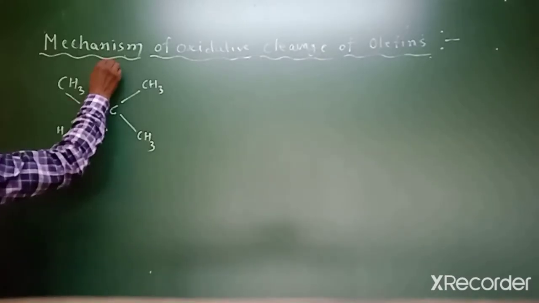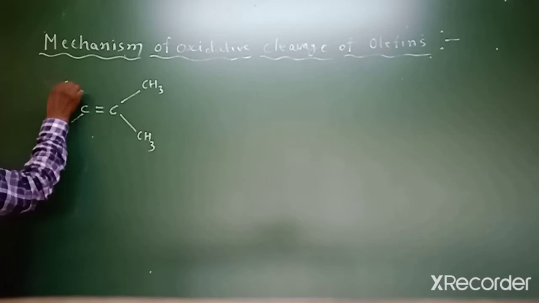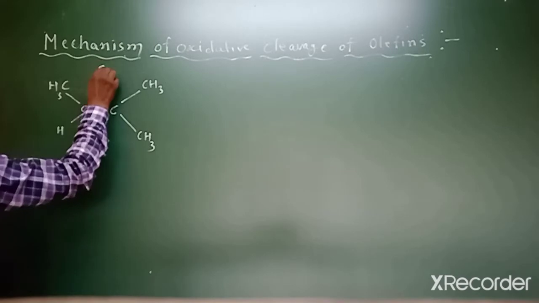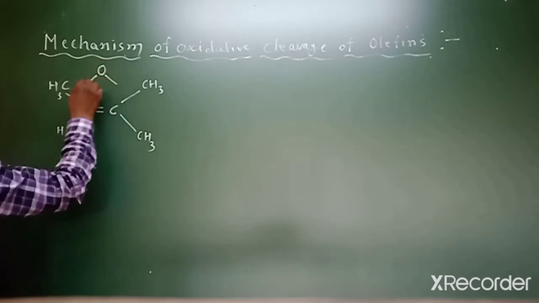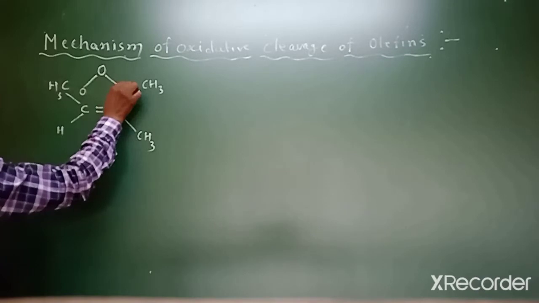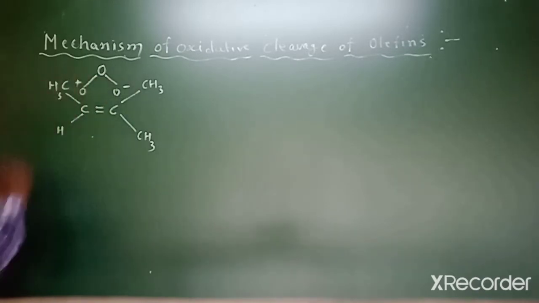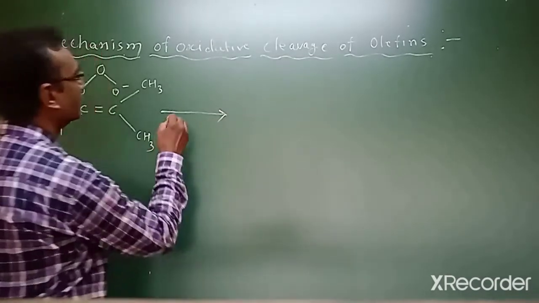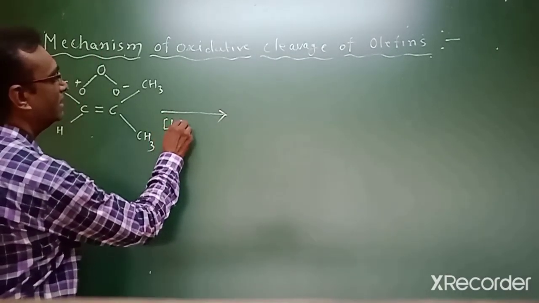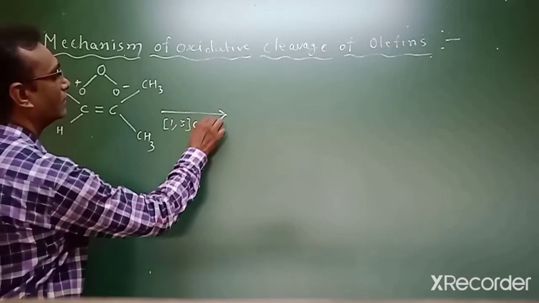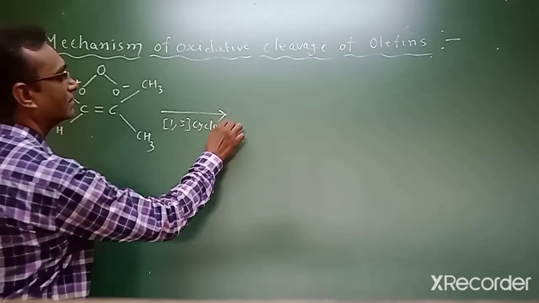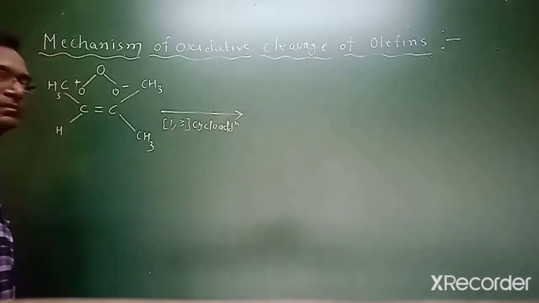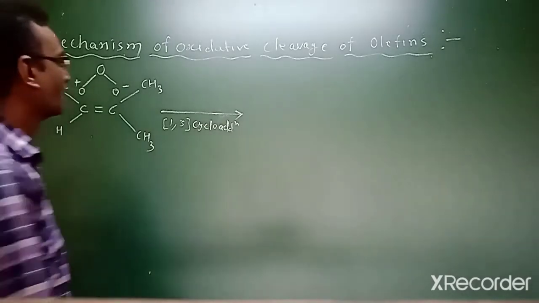Now ozone, that is 1,3 dipolar, we write here for your convenience like this. Now this undergoes 1,3 cycloaddition to form primary ozonide.